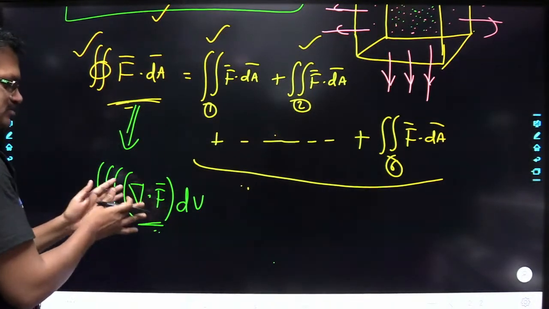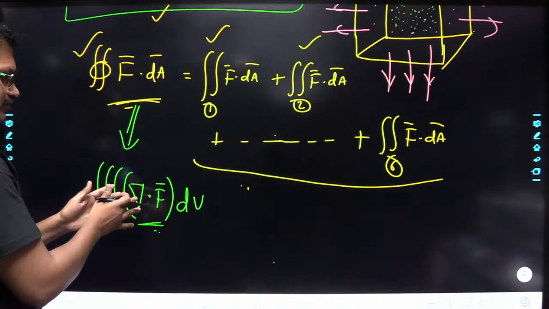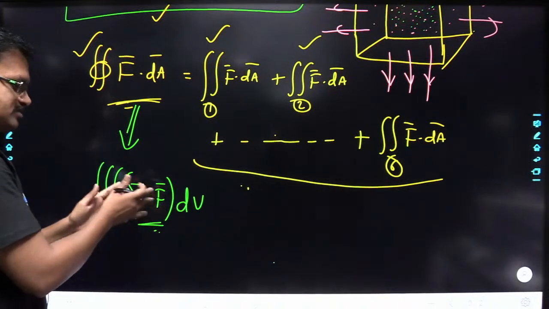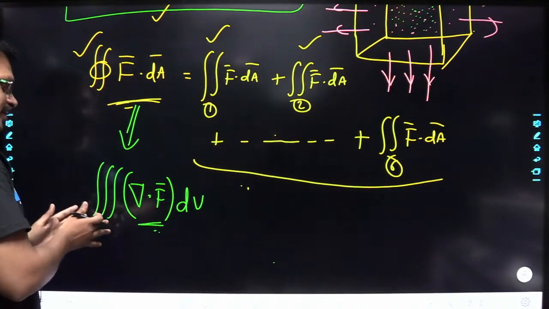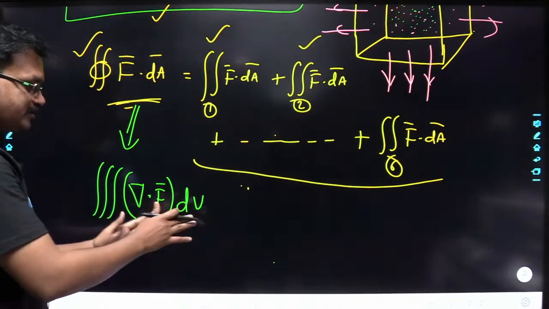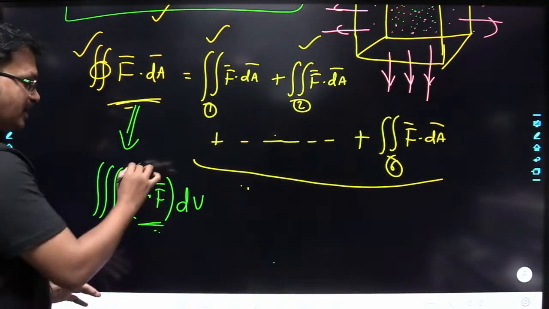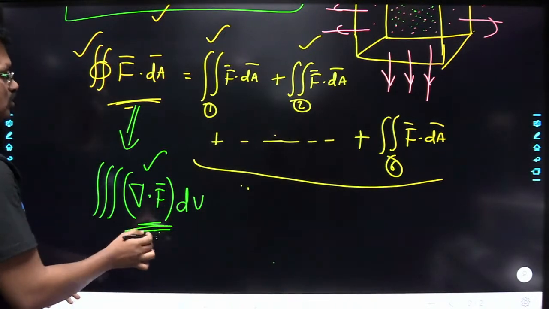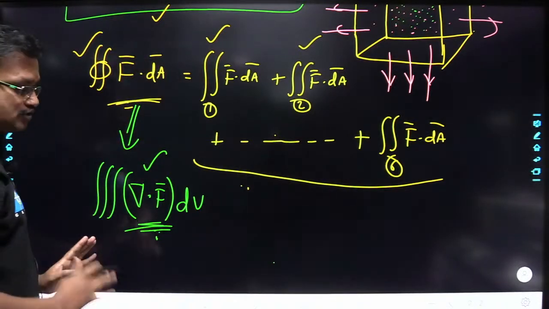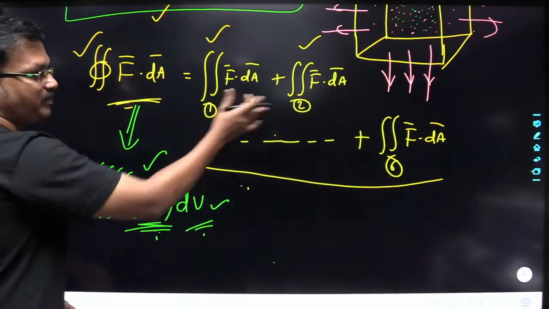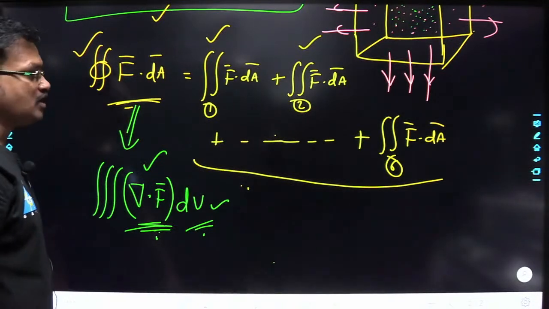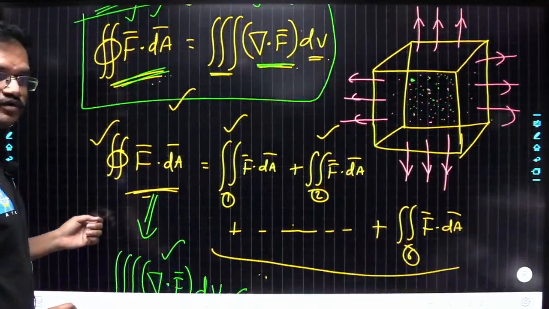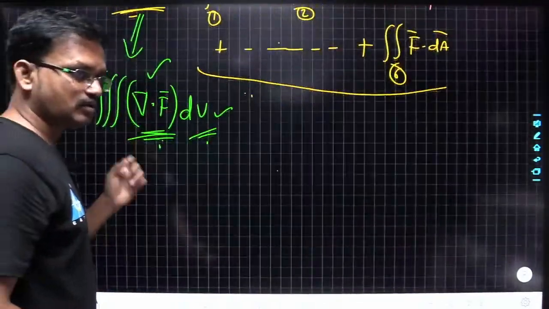You are going to get some expression, so just integrate that function throughout the volume. You are going to get the flux through the closed surface. This is the simplest procedure when compared to the other one. So this is the advantage of using the divergence theorem. Yes or no? Okay.